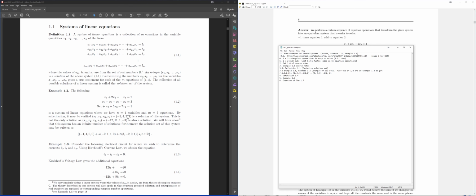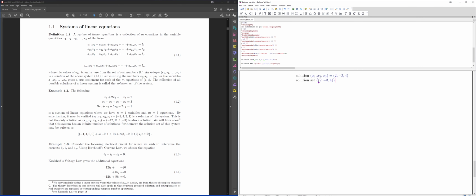And how you would write your solution set is in this way over here. You'll see later on how you do that, but notice it's in set notation, just as this one is in set notation with curly brackets like this. This one is a little more complicated.